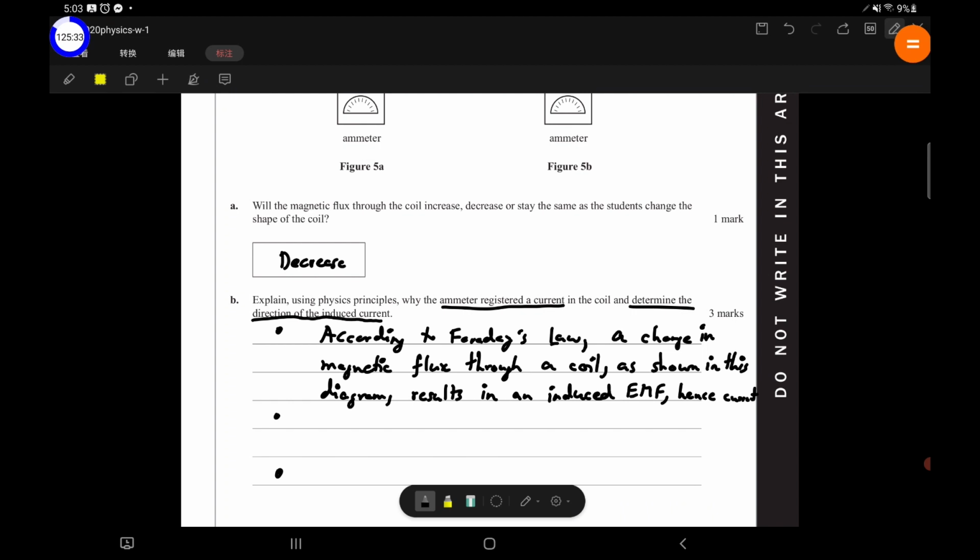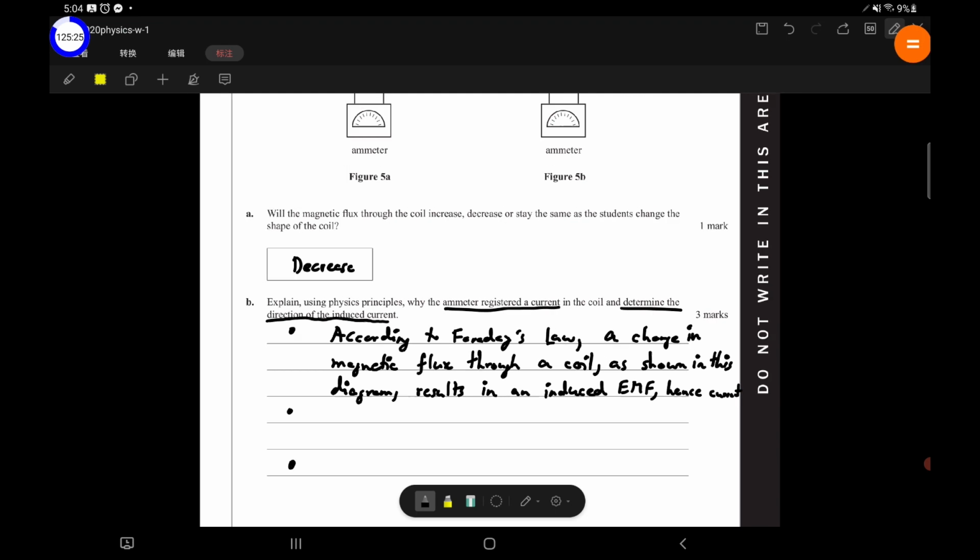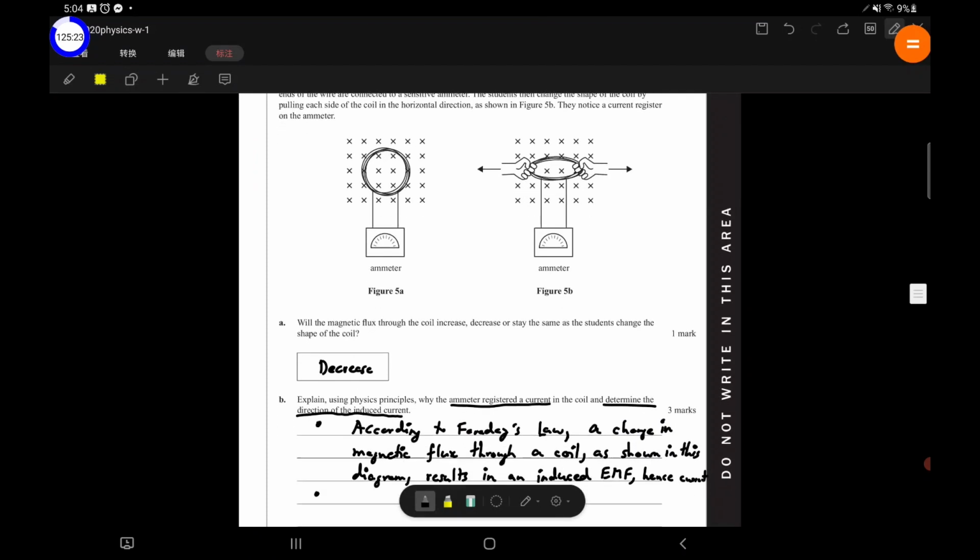So that is the first part of the question. That should give you 1, maybe even 2 marks just from that. I would say approximately 1 mark. Now we have to incorporate Lenz's law, which will tell us the direction of the current itself.